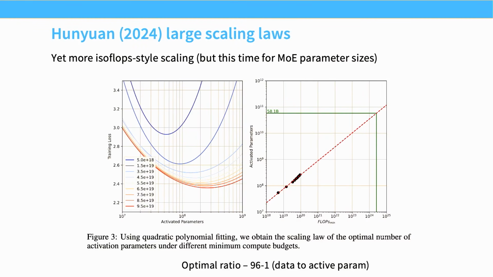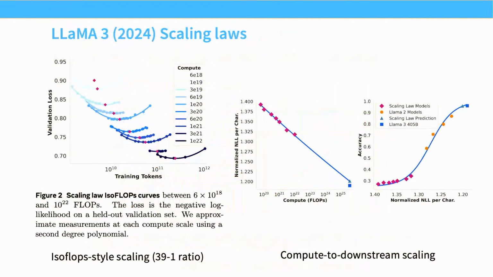So for example, in Hunyuan's case, they end up with a 96 data point per active parameter ratio. In their case, they're fixing the sparsity level, and so that's not a thing that they're searching over. Llama 3 also has some nice scaling laws. Unfortunately, they're not particularly useful ones. They do isoFLOP style scaling and get slightly different but similar ratios for token to model.